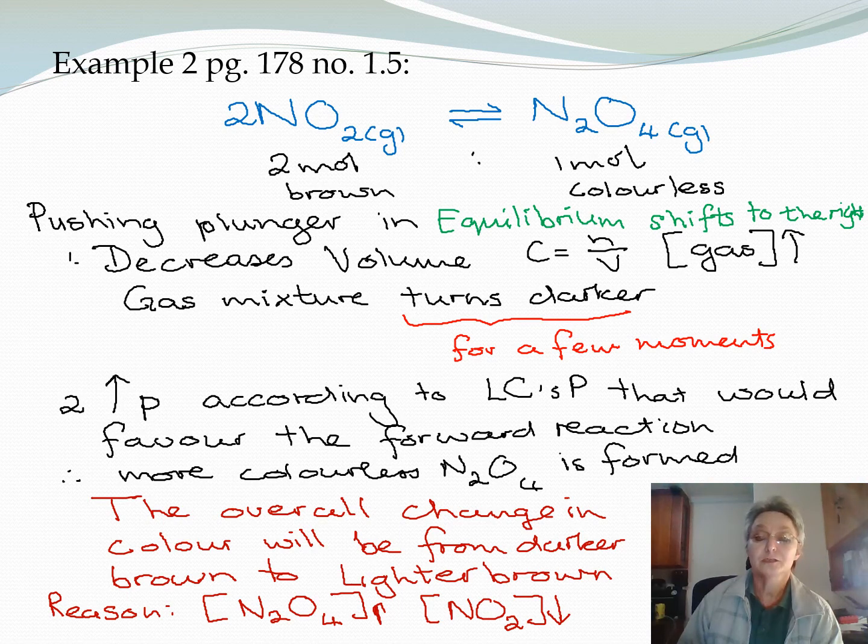So according to Le Chatelier's principle, that would favor the reverse reaction to produce a darker color nitrogen dioxide. So the overall change in the color will go from the original brown color to a darker brown color because the reaction shifts to the left, producing more nitrogen dioxide and less dinitrogen tetraoxide.